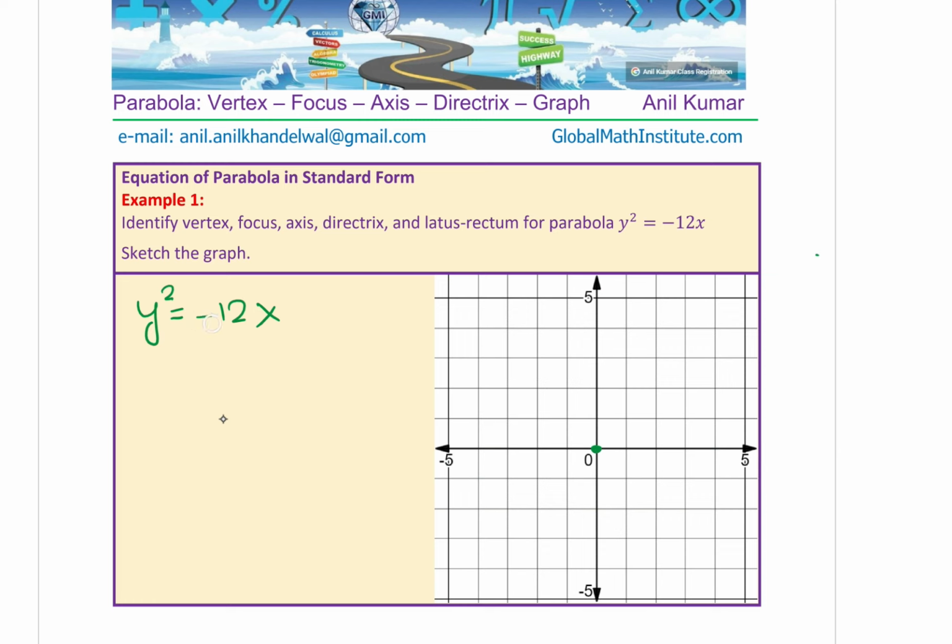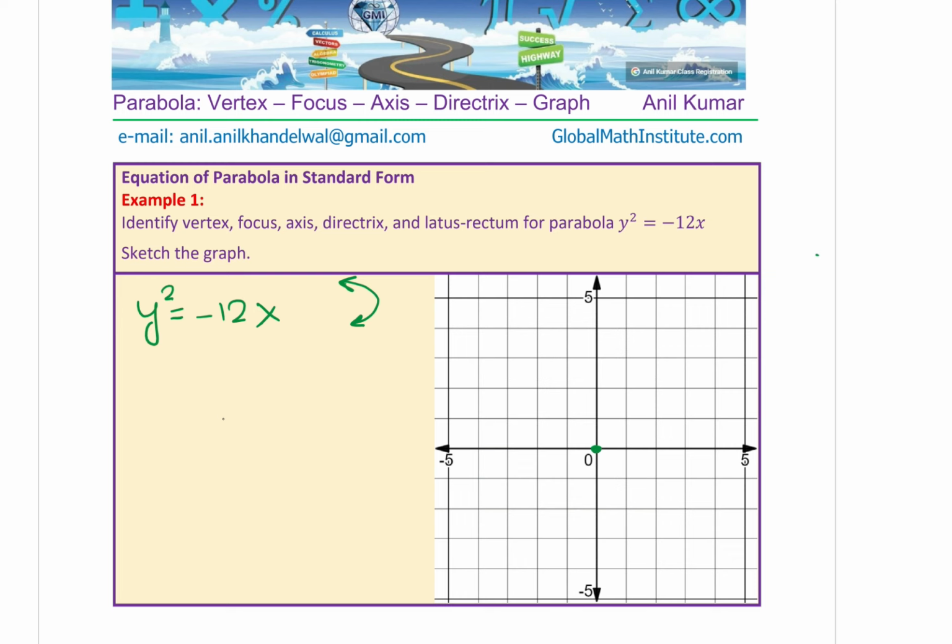Now, since it is minus 12x, it should open in which direction? It should open towards the left side. You get the idea, right? It opens towards the left side. Now, first thing first, we should find the value of p, which is the distance of the vertex from the focus, correct? How can you find that?